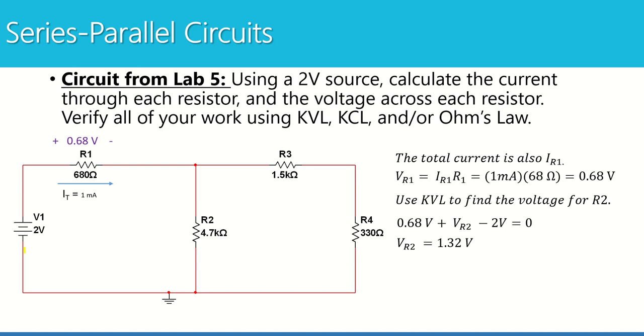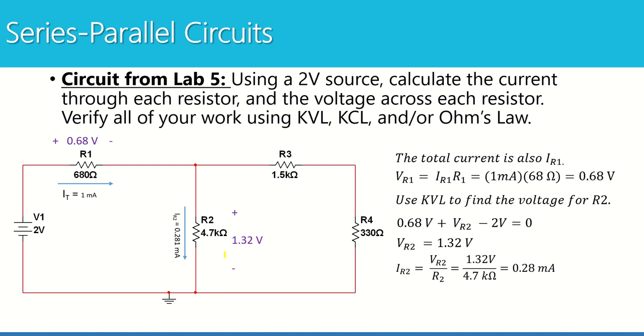I can use that equation and solve that for R2. So there's my voltage drop for R2, 1.32 volts. Then I can use that voltage drop to find the current for R2 using Ohm's law. So there's my current and voltage for R2 added to my picture.